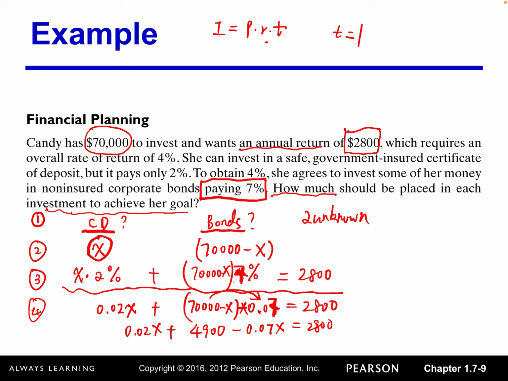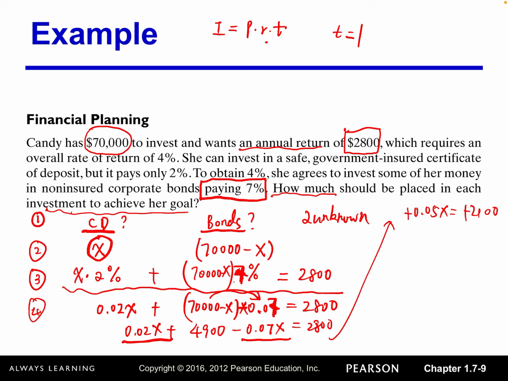All right. So now we combine the variable terms on the left-hand side, and for the constant term, we subtract 4,900 on both sides of the equation. So I got negative 0.05x equals negative 2,100.